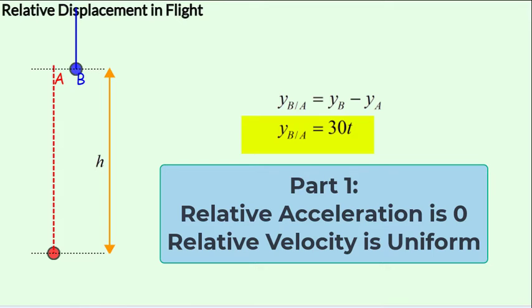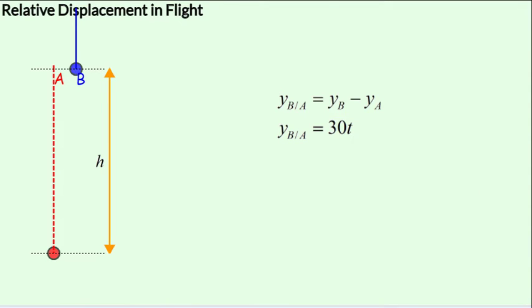So you can see in this case, the relative displacement is 30t. And we have to plot this function over a period of 8 seconds, that is, until A reaches the ground. So let's proceed to plot the graph.